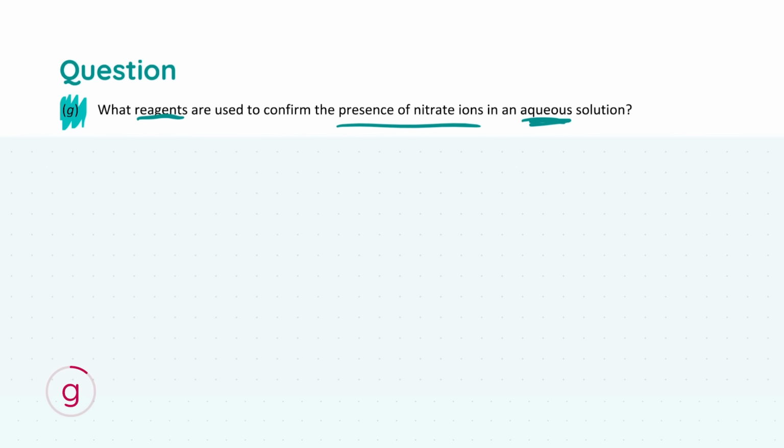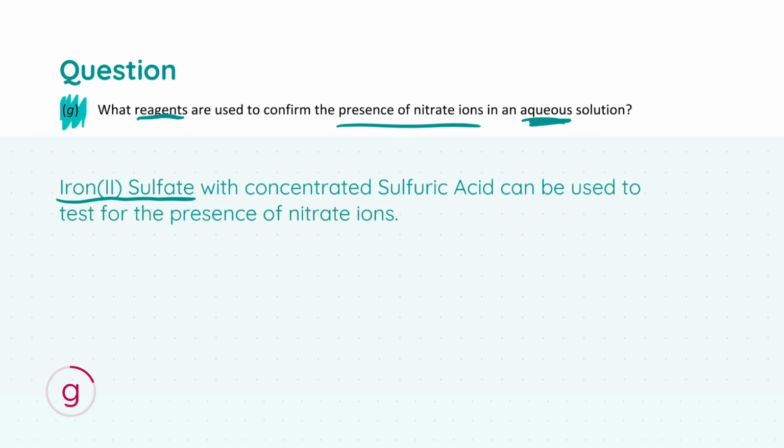So in the case of looking for nitrate ions in an aqueous solution, in order to confirm their presence or not, what you want to do is add iron sulfate with a certain amount of concentrated sulfuric acid, and these can be used together in tandem to test for the presence of nitrate ions.